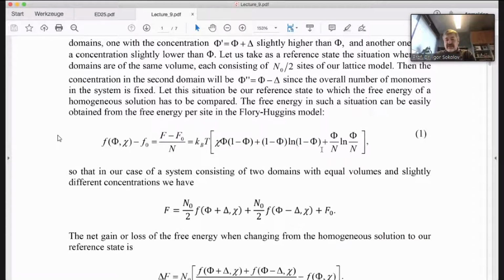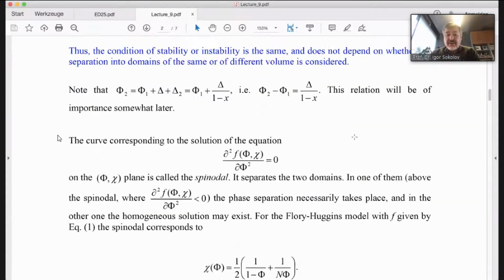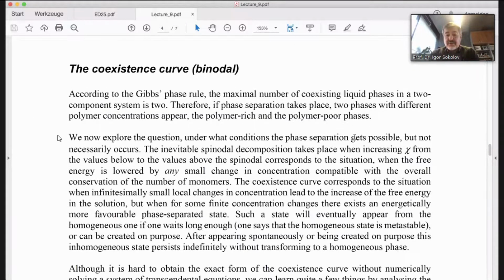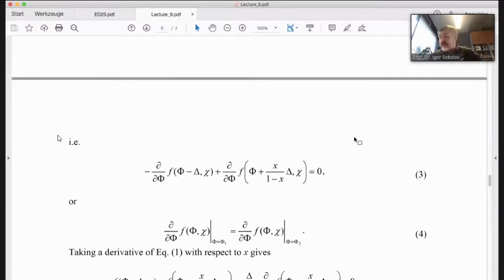Here I will get one thing which is simply a number, it's unity. Then I will get here minus log(1 minus phi), and here I will get 1 over n, log phi divided by n. So it's a function, but it contains polynomial and logarithmic terms, which means it's awkward, and you have to solve this system of algebraic equations on a computer. And then you get a curve. And this curve is the coexistence curve. I will discuss it in a second.